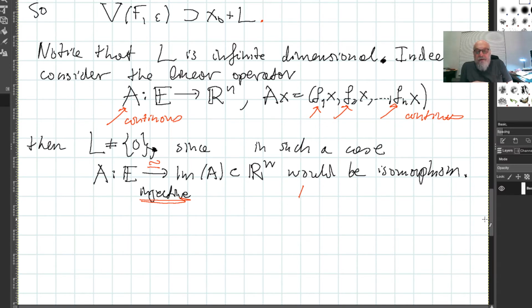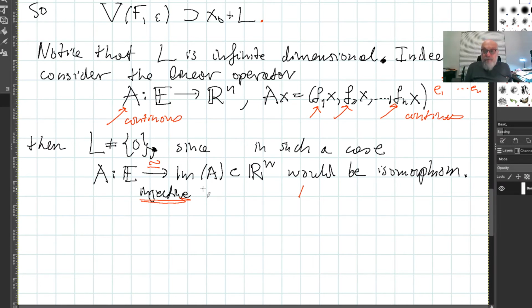Because you can construct a linear operator, similar to A, and then you will get additional basis like e1 star, en star from the subspace L, and this will give you again an isomorphism of E with a finite dimensional space.